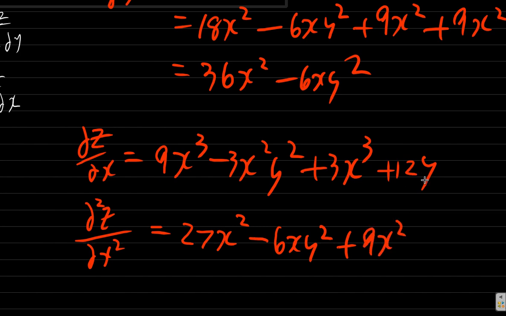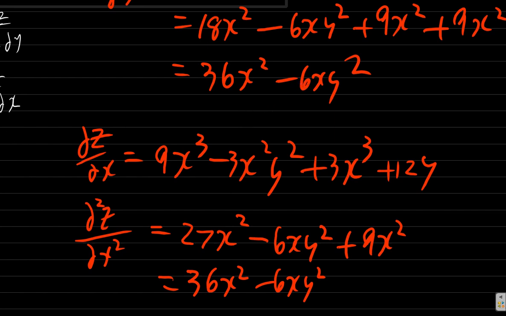This part would amount to 0. Alright. Now 27x squared plus 9x squared give you what? 27 plus 9, 36x squared minus 6xy squared. Alright. So you get the same thing.